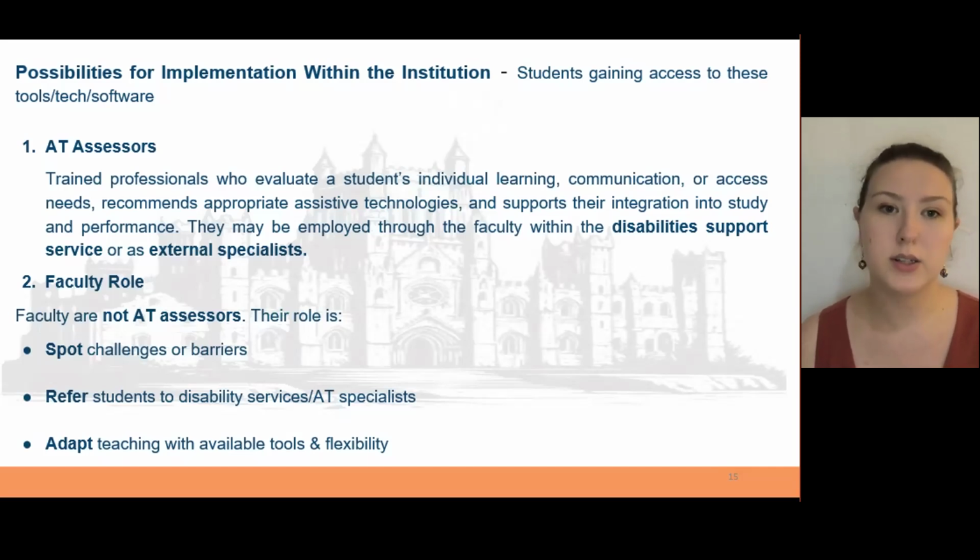If there are disability support services within the institution, then they will refer them there or to outside specialists. And then adapt teaching with available tools and flexibility, a process of understanding the needs of the students and finding the tools and means through which to adapt.